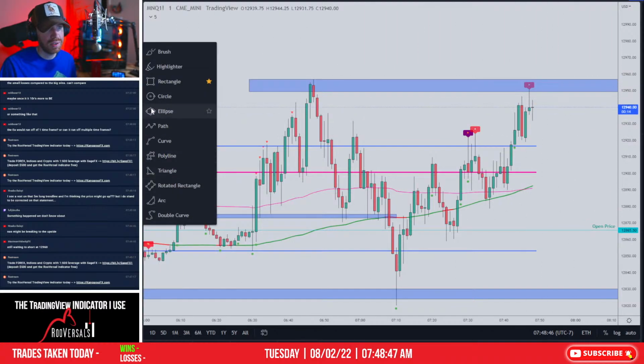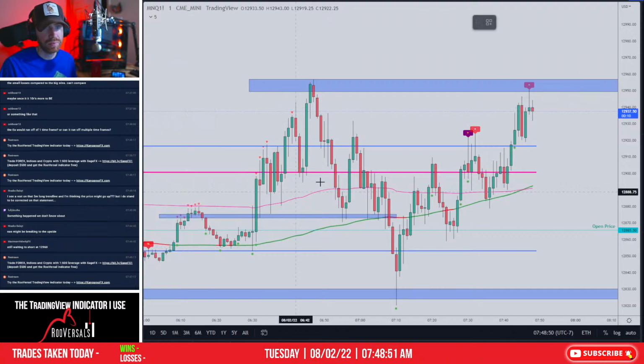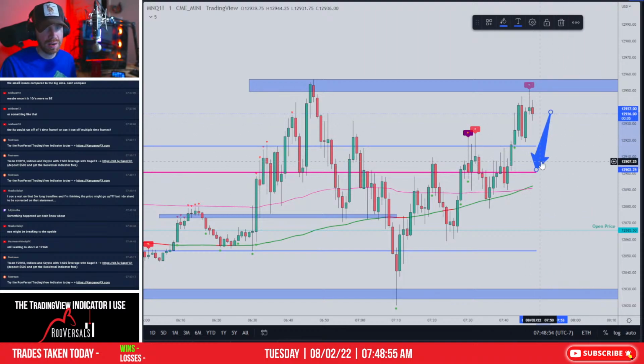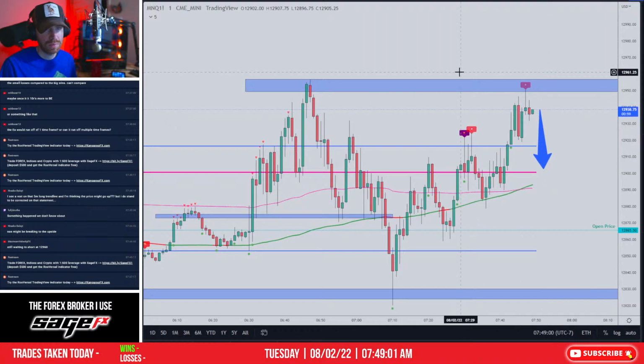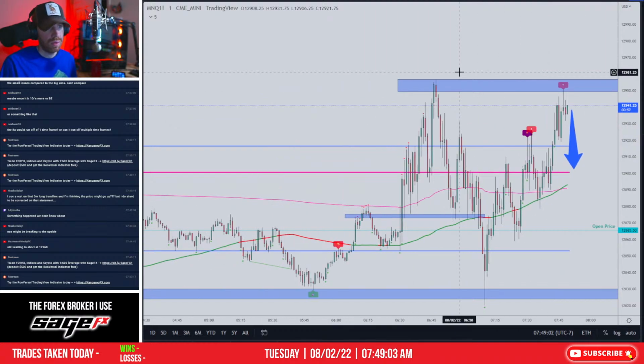Anybody scalping this? Will price be sucked back down to where all this volume is? Or go to the moon?